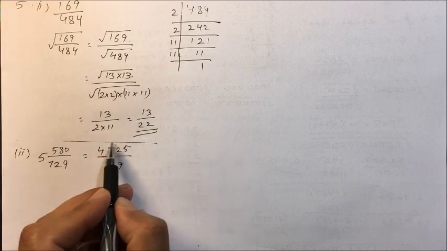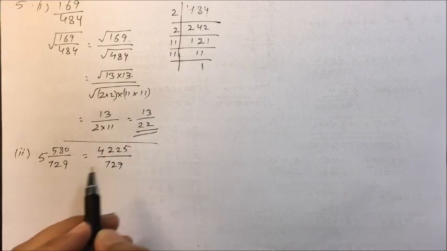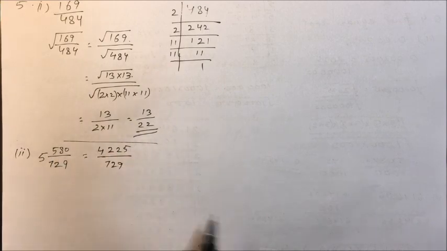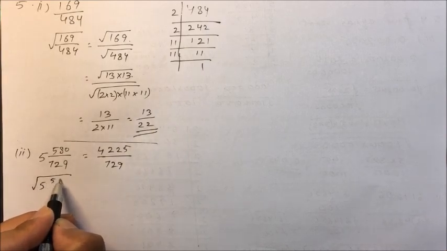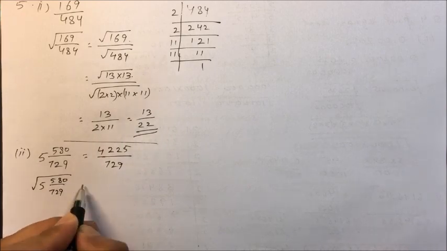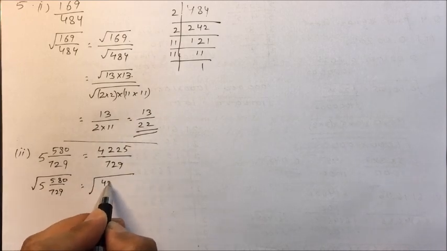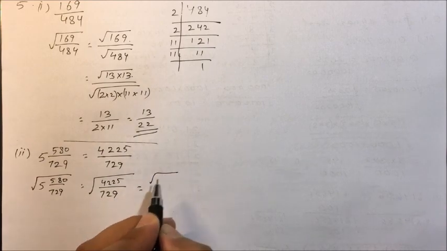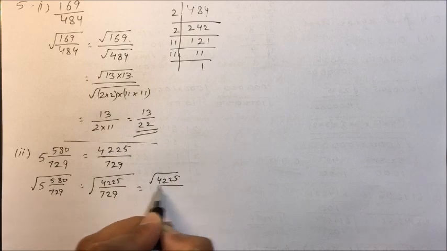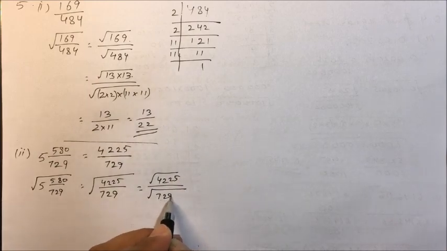Now factorize this one, factorize this one. Its square root will be square root of this one. So square root of 4225 divided by 729 equal to square root of 4225 divided by square root of 729.